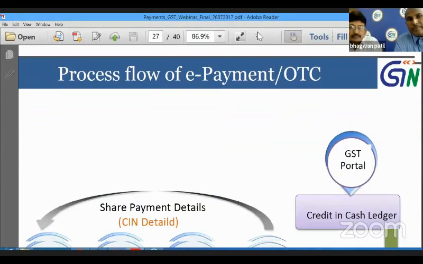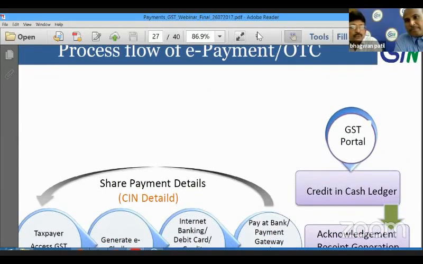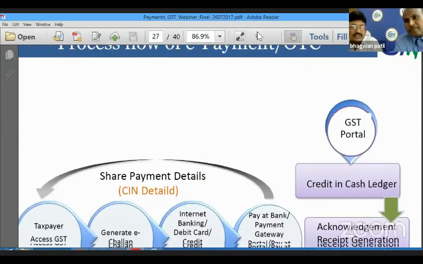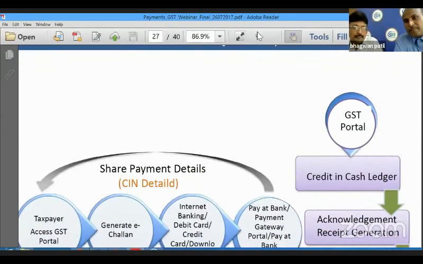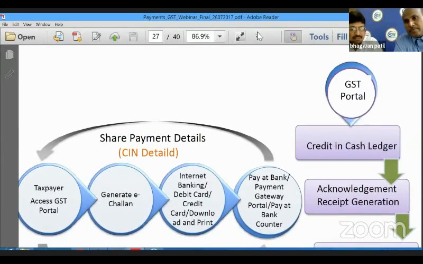When you initiate the payment process, the challan status will change from not paid to initiated.